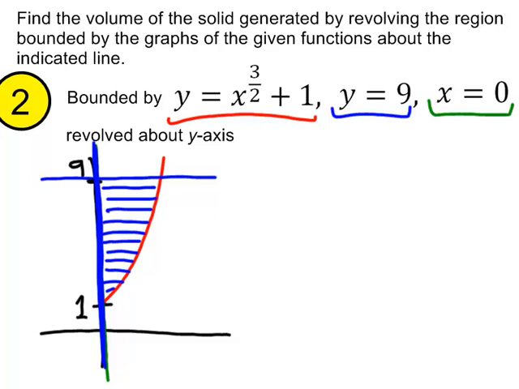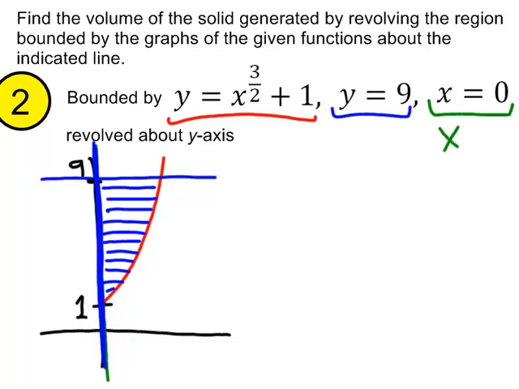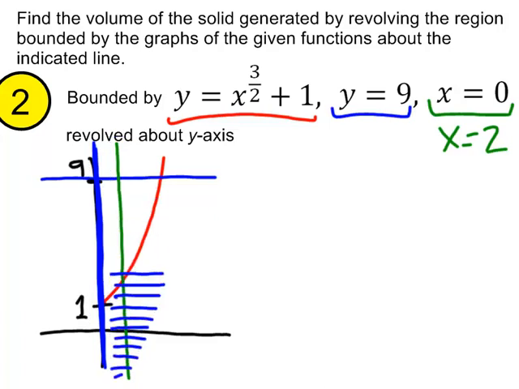I would like to point out that if this x equals 0 here had been, say, x equals 2, then the border of our region would be moved over 2. And our profile would look like this.